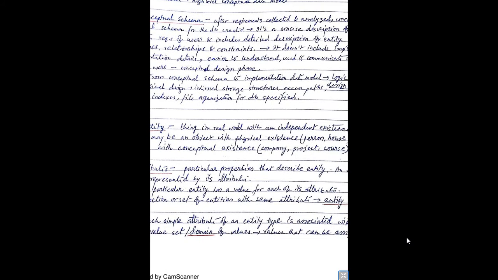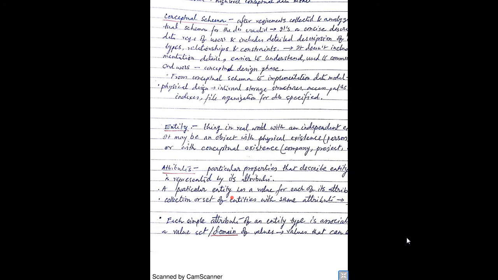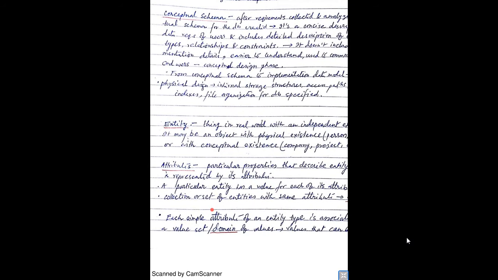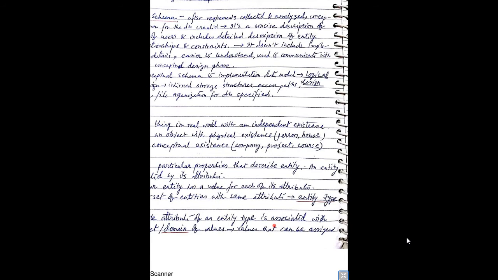So an entity is represented by its attributes, and a particular entity has a value for each of its attributes, obviously. A collection or set of entities with the same attributes is called an entity type.